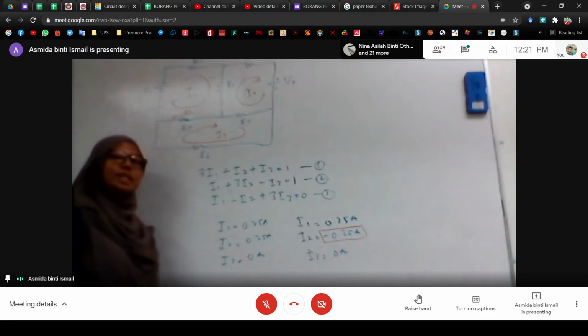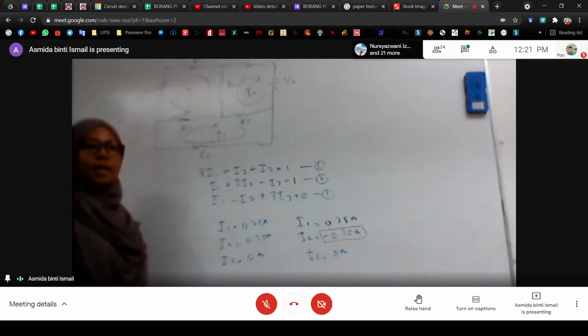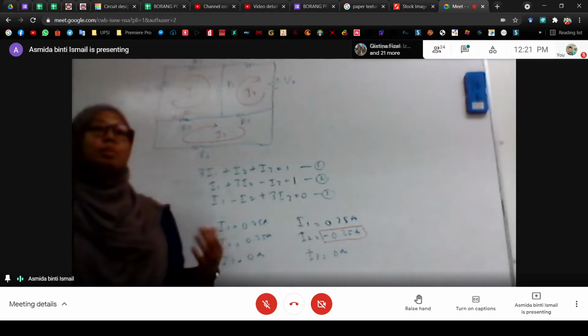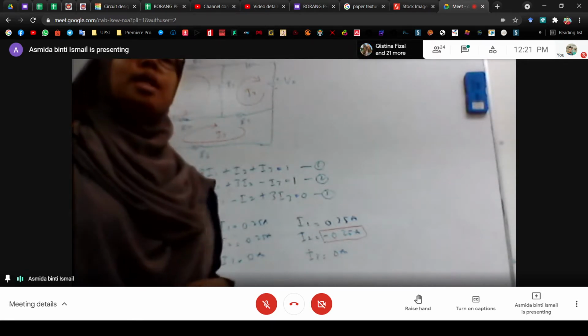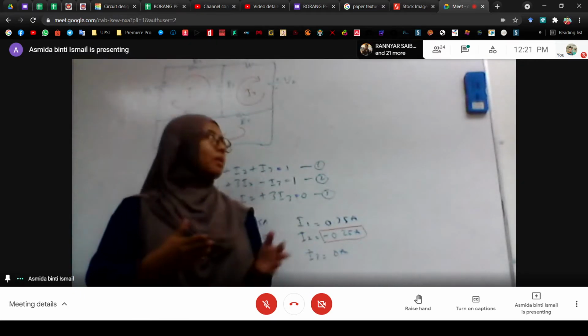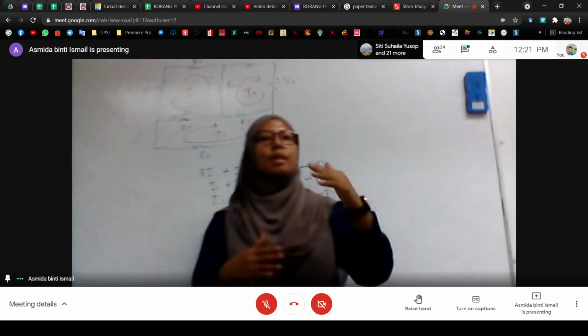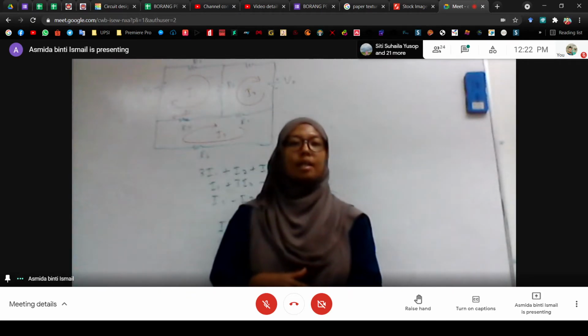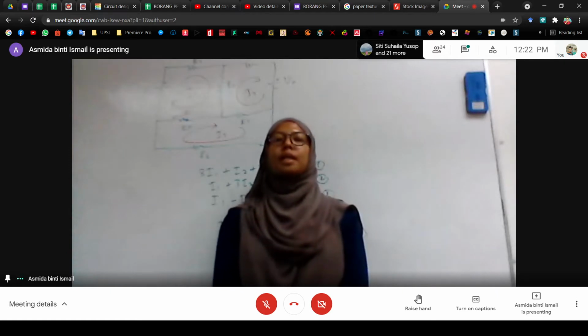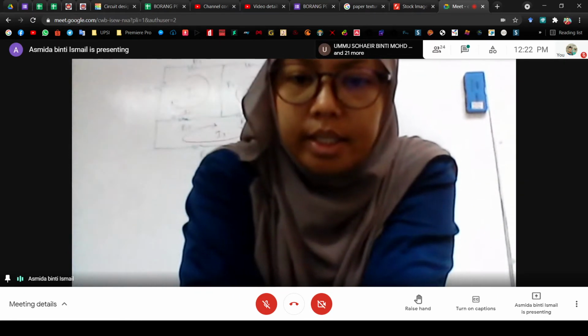So the value is same, but the difference is positive or negative. So if you get the negative, it means that your current flow tu terbalik lah maksudnya. Okay, so you akan dapat negative, but the value tu sama.